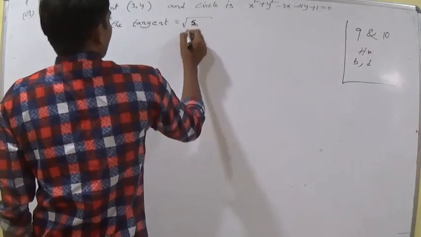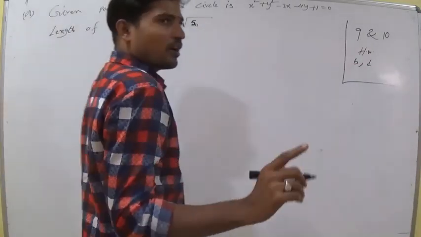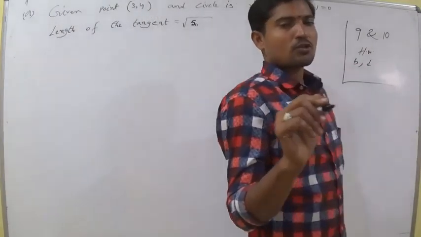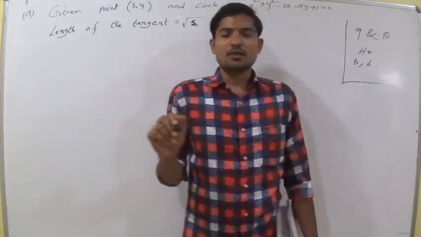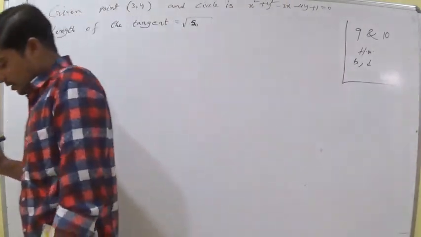See, S11 is equal to x1 square plus y1 square plus 2gx1 plus 2fy1 plus c.